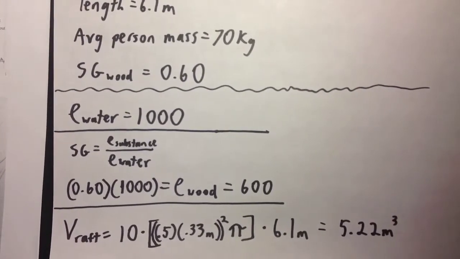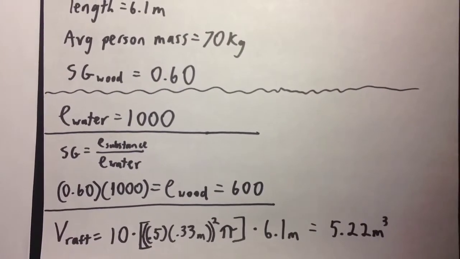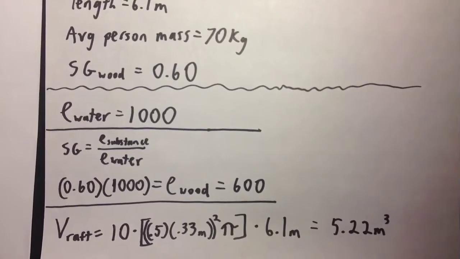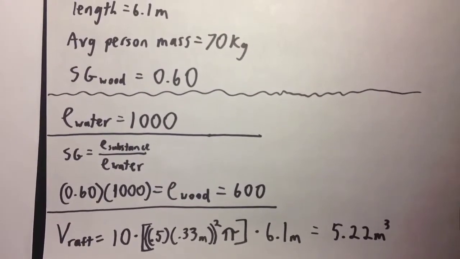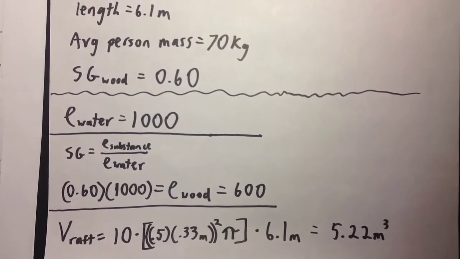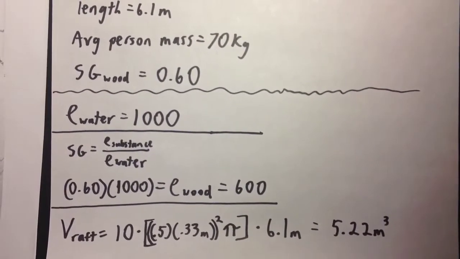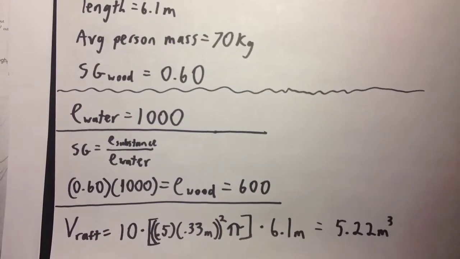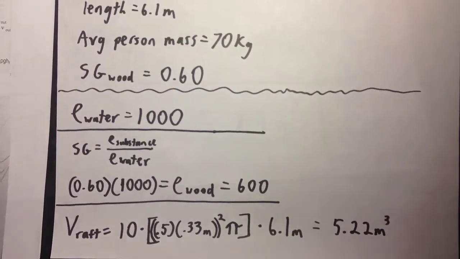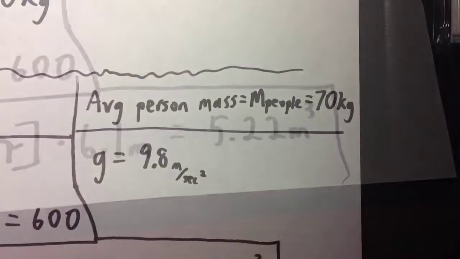So 0.5 times 0.33 squared times pi is going to equal the area of that circular part. Now we multiply this by 6.1 because that is the length of the whole thing, which ends up being the volume of 1 log. Now we multiply that by 10 because there are 10 logs to make up the whole raft. The volume of the raft ends up being 5.22 meters cubed.